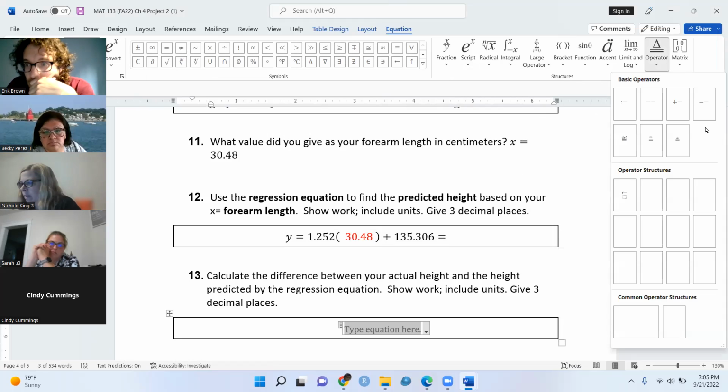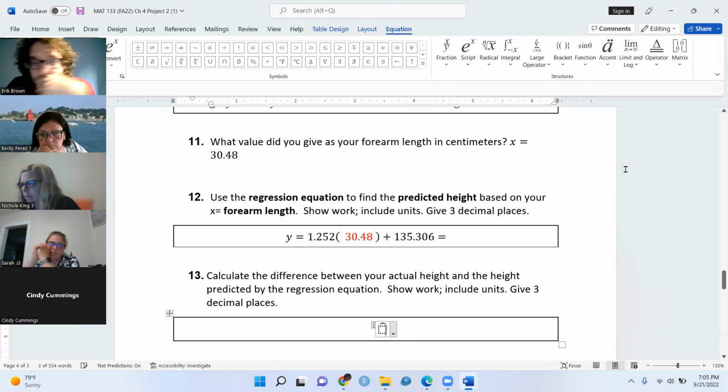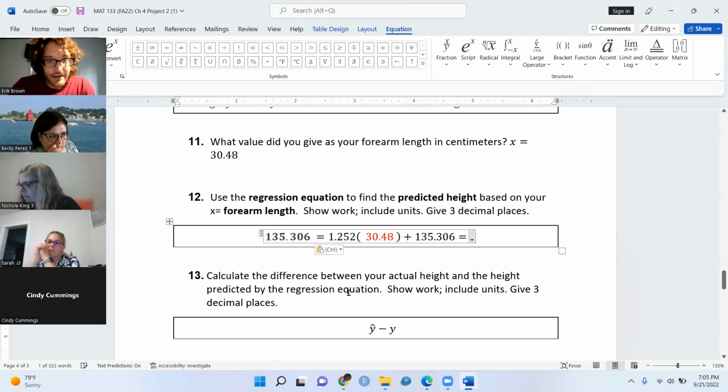Is it here? Oh, accents, it's here. So that's this Y hat, and Y hat is the number you're predicting using the model. So that's why we like to label this as Y hat.